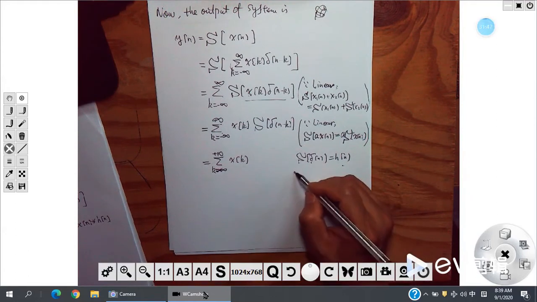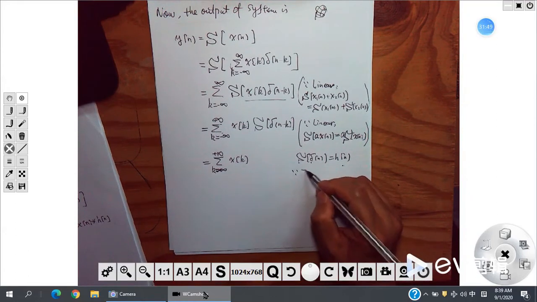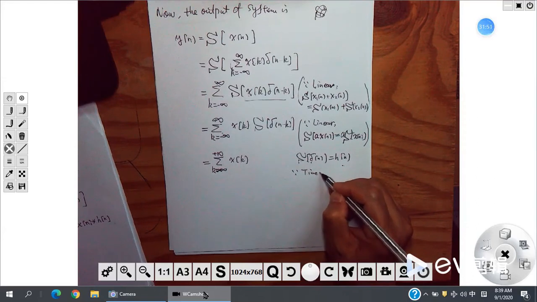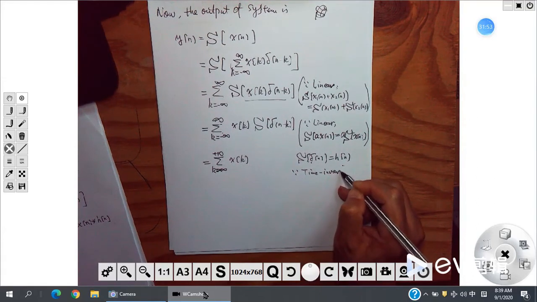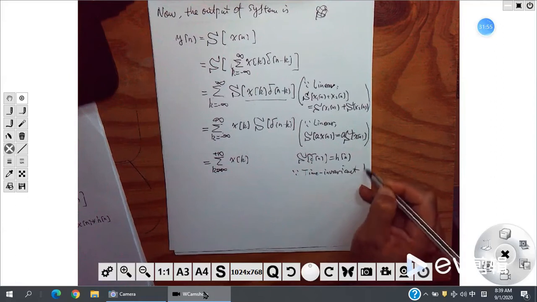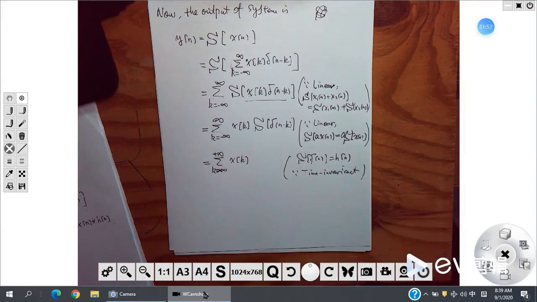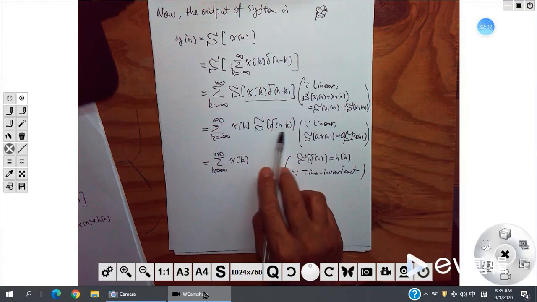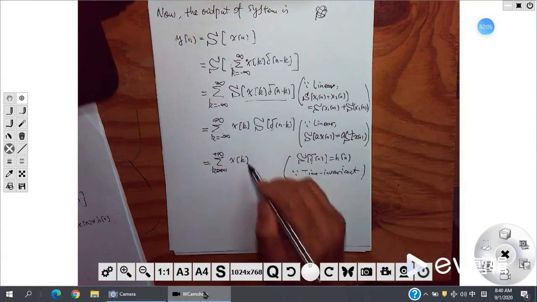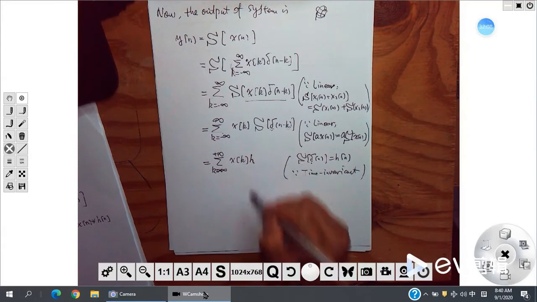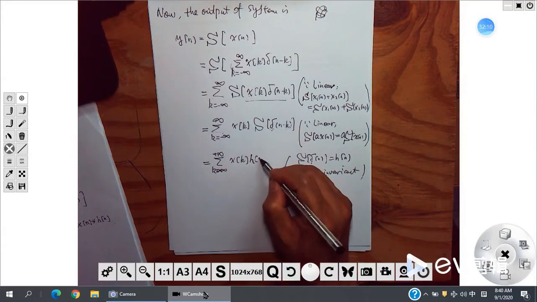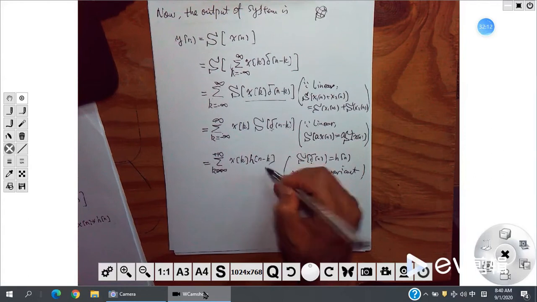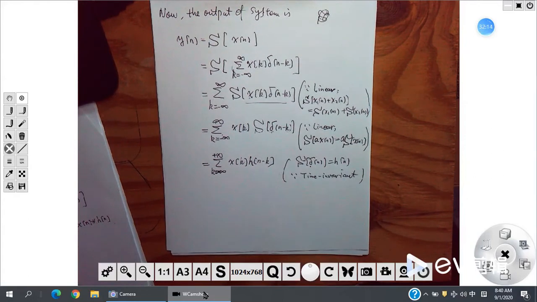And also because the system is time invariant, this input is a shifted delta, shifted by k. Then the output is also a shifted impulse response, shifted h, shifted by the same k. You got it? Okay.